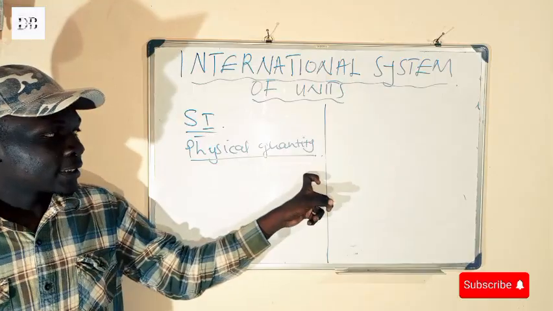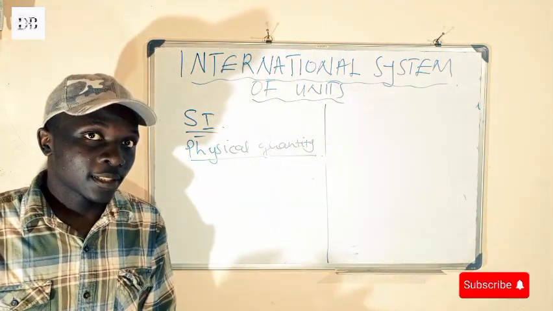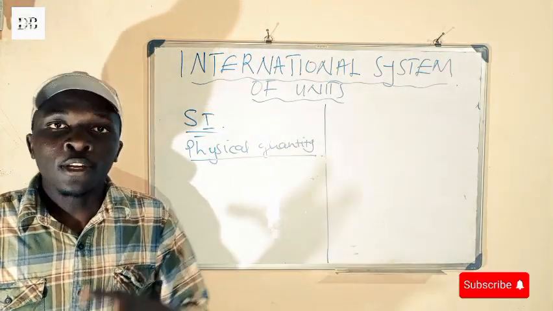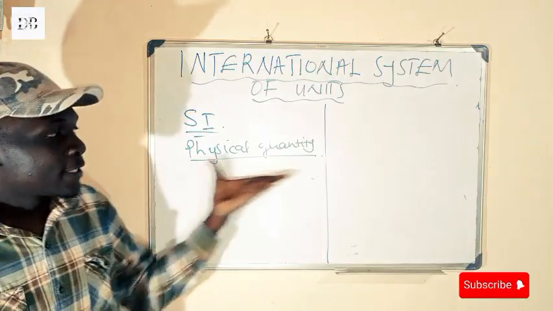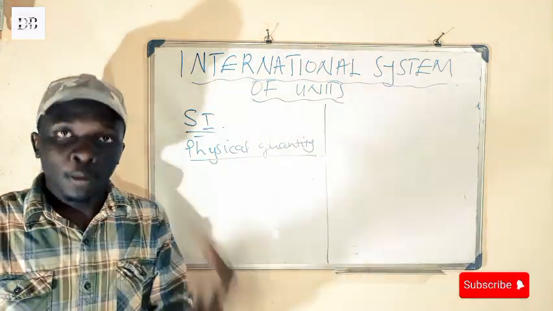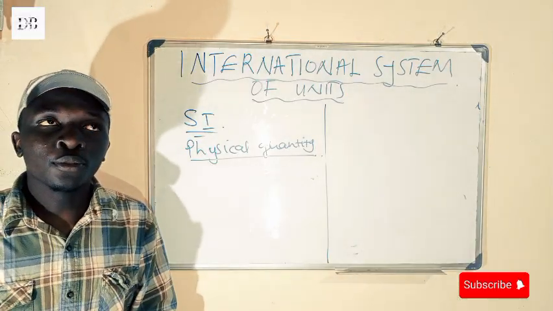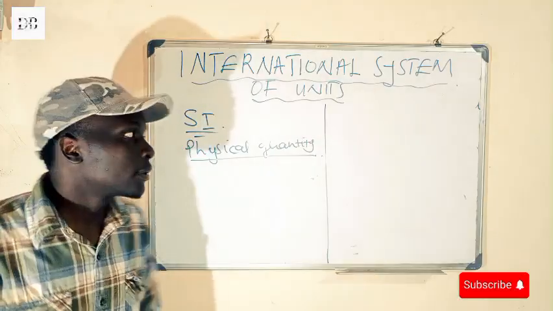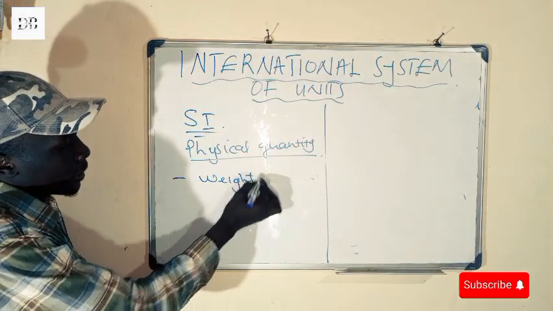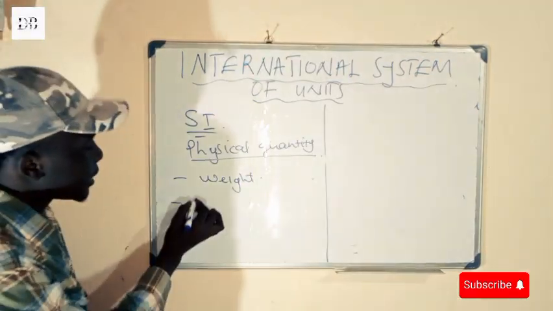And then physical quantity simply means measurable observations that are taken from an object or a person or anything. So by definition, a physical quantity is a measurable observation on an object. What do I mean? If you want to know how heavy you are, you go and measure your weight. If you want to know the duration of something, you go and measure time.